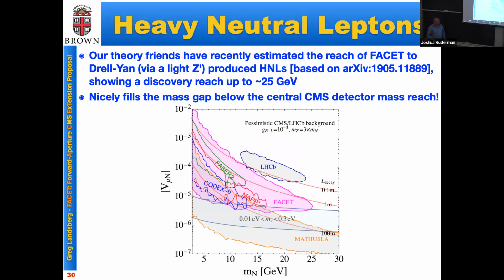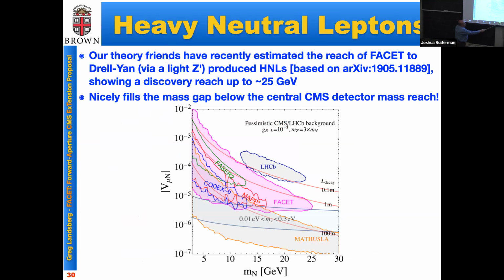And another case, which was done by Suchita, who is also part of our little collaboration, based on her earlier paper, is the case of heavy neutral leptons, which are produced by a light Z prime. And again, this is Phase 2 versus FACET.